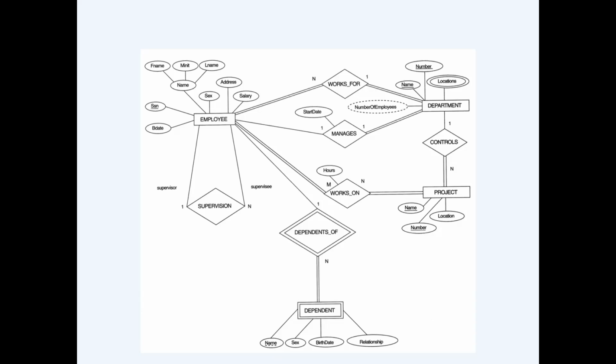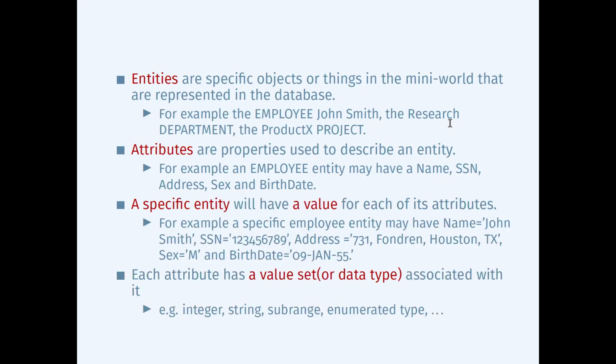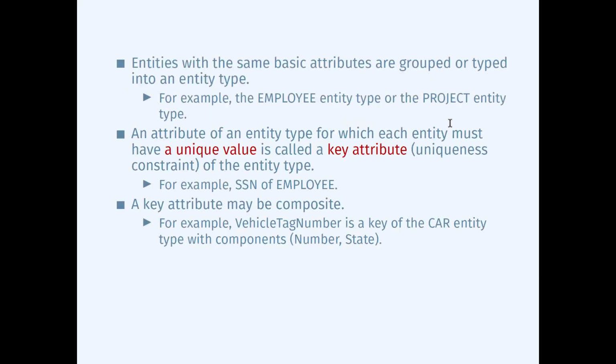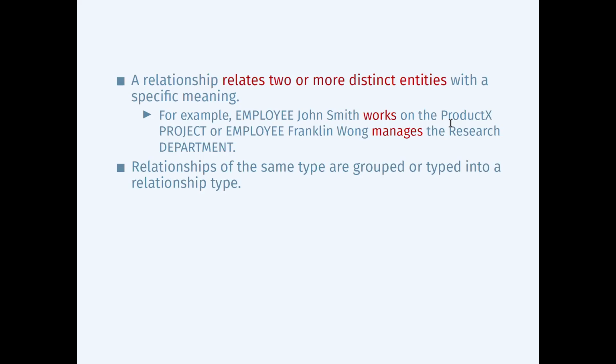How many employees there can be derived from whatever information is available. So that particular attribute is represented using the dashed oval. Right. So I think now you might be comfortable with the entity types and also the different types of attributes.